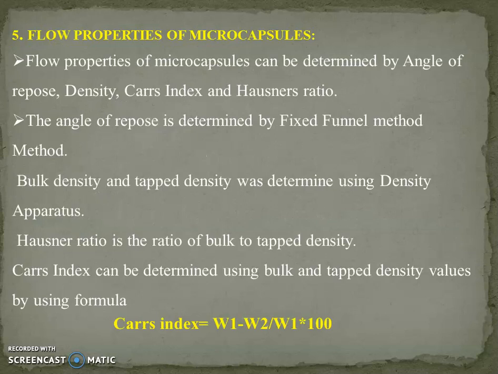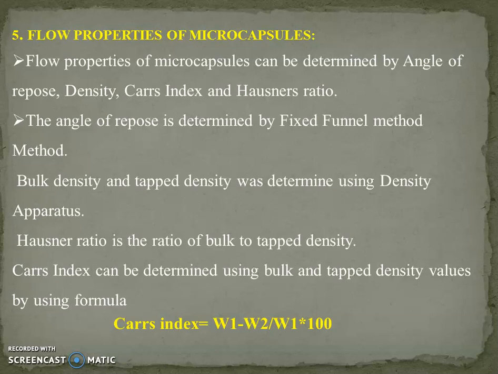Next evaluation parameter is flow properties of the microcapsules. Flow properties can be determined by angle of repose, bulk density, tap density, Carr's index and the Hausner ratio. All these parameters relate to the flow properties of microcapsules.